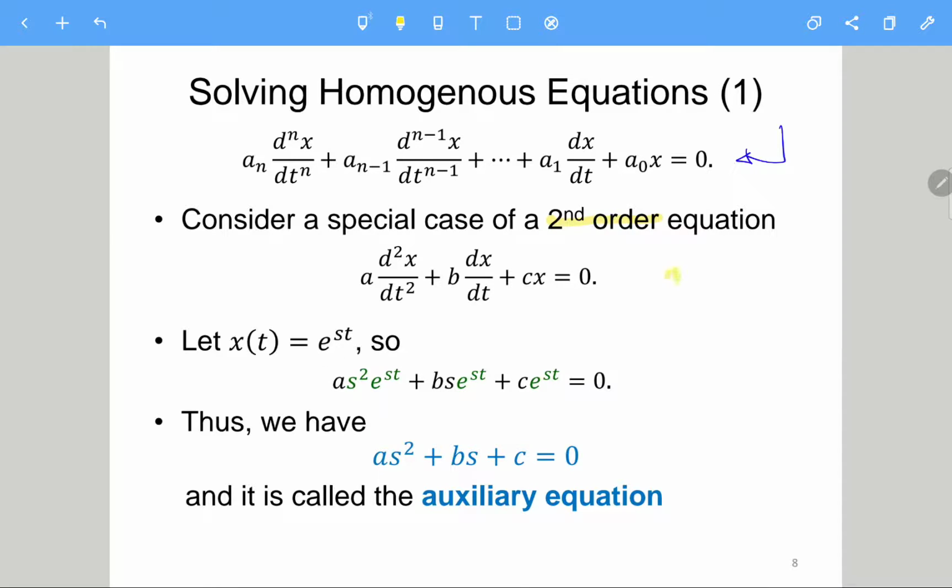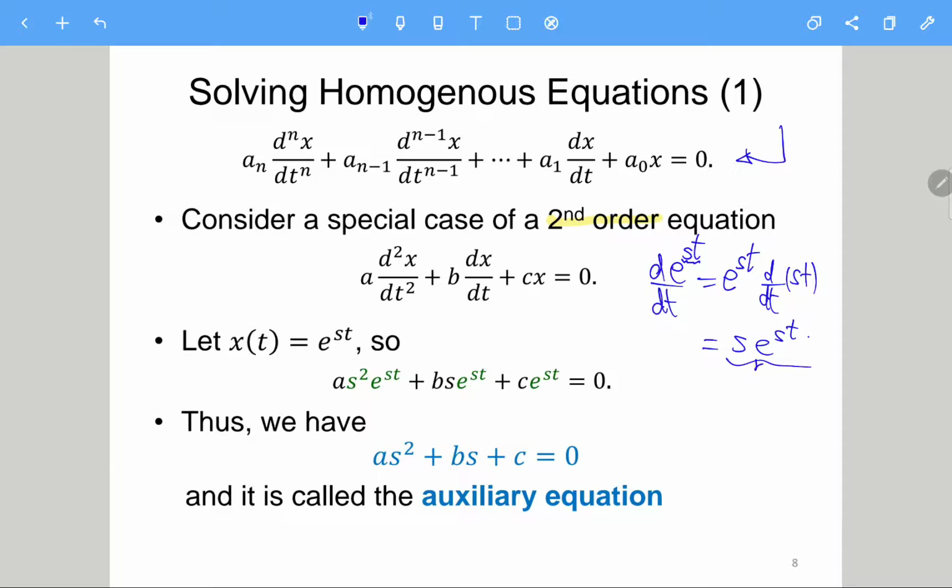If you have d/dt of exponential st, it should be exponential st, and then by the chain rule, you need to take the derivative of the exponent, d/dt of st. So it is s times exponential st.